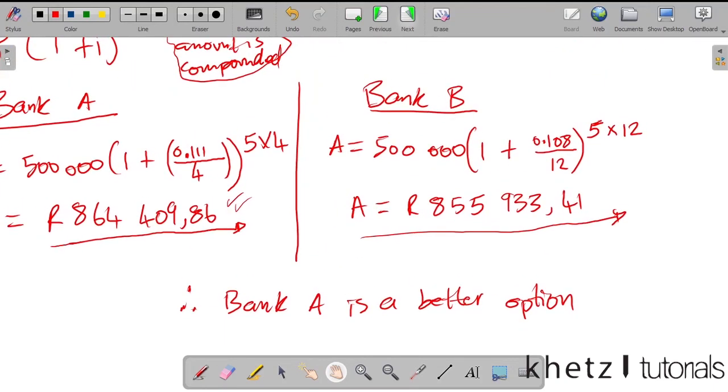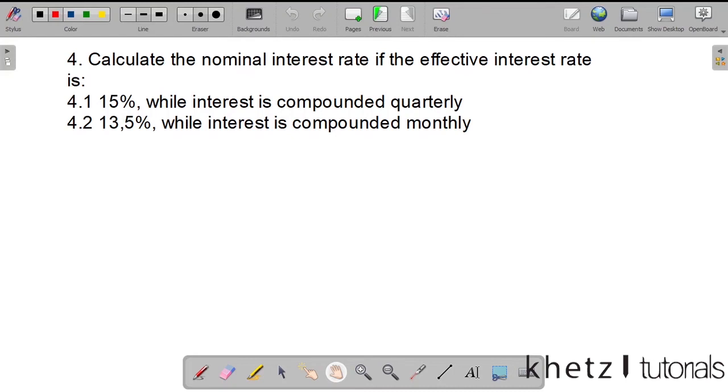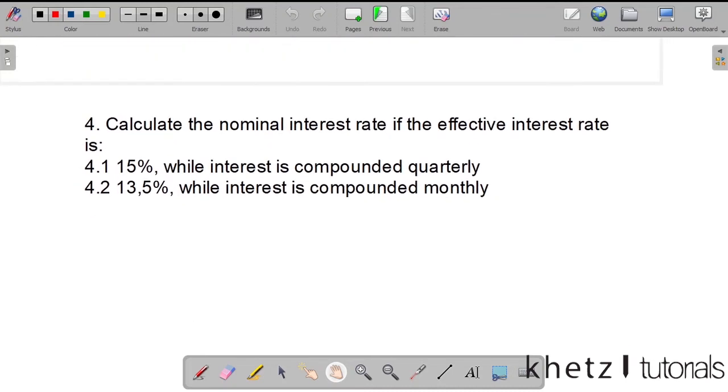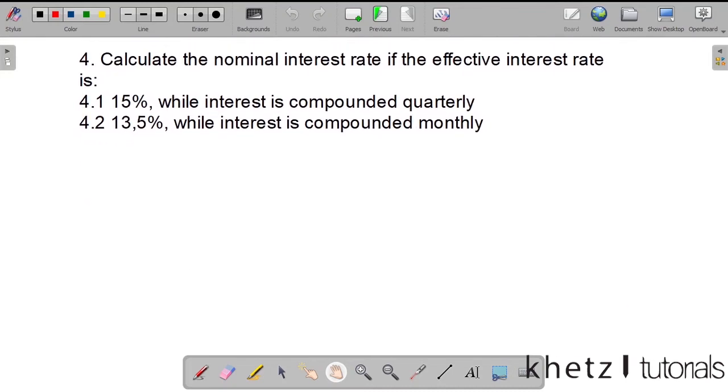Moving on to do more examples, I think I have a few more here. This is question 4, example 4, which I believe is probably the last example before I talk about a few more things. We're told that we should calculate the nominal interest rate if the effective interest rate is 15% while interest is compounded quarterly.